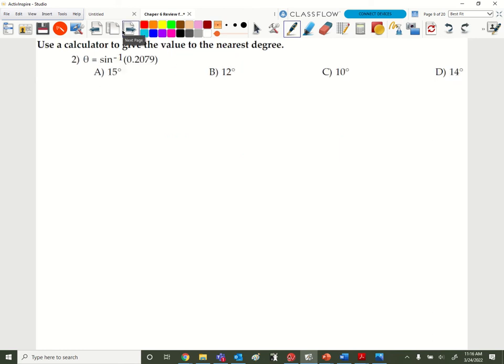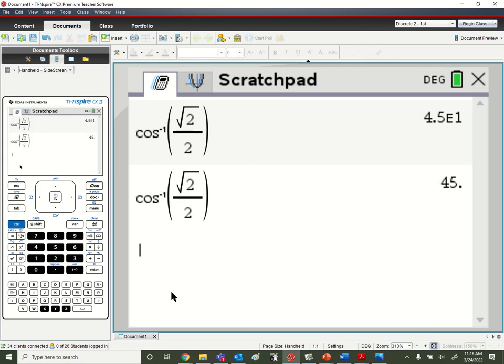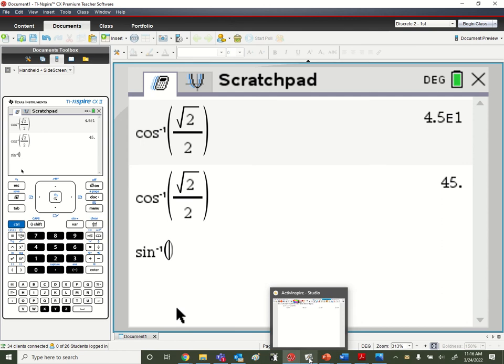Question 2. Hey, look, all these ones are in degrees. So I'm going to do what this says. Round to the nearest degree. That means round it to the nearest whole number. Inverse sine, and my number is, let's see, right there.